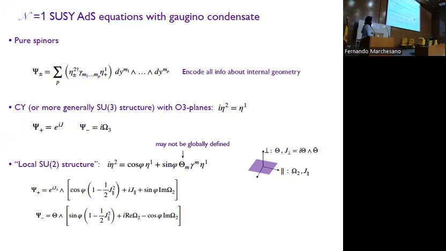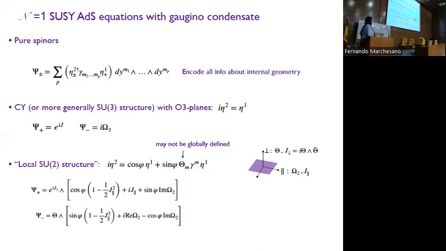These are called parallel, and there is a perpendicular direction where there is this one-form. The spinors have a part that is parallel and a part that is sort of orthogonal, and this one-form is this bilinear of the spinors. This may not be globally defined, so that's why it's not called an SU(2) structure.